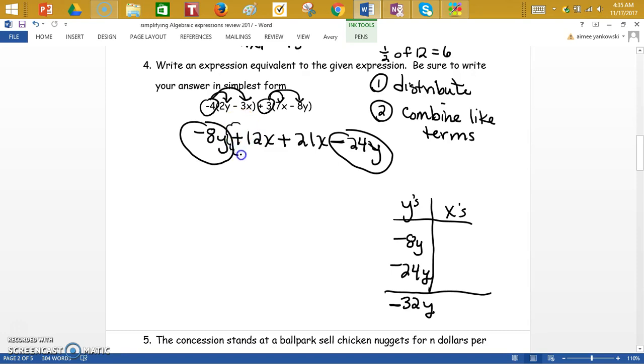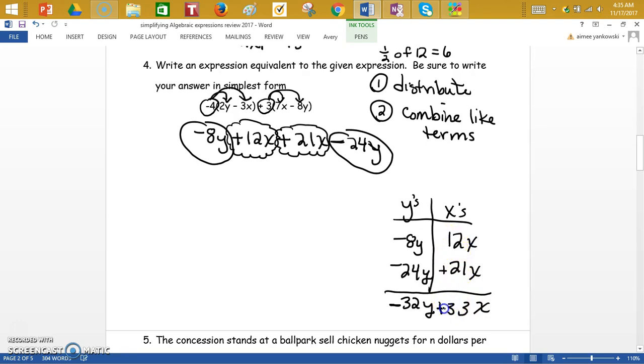Now let's combine our x's. We have a 12x, we have a 21x. They're both positives, so I'm going to go ahead and just add those up. Keep my x. 12 and 21. 2 and 1 is 3. 1 and 2 is 3.